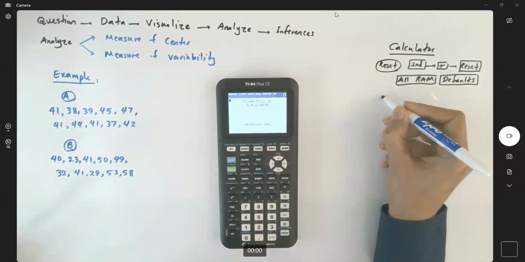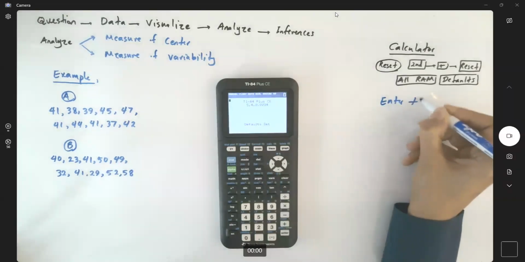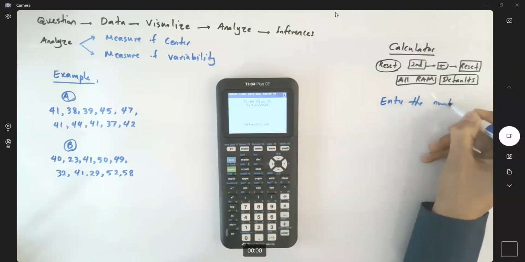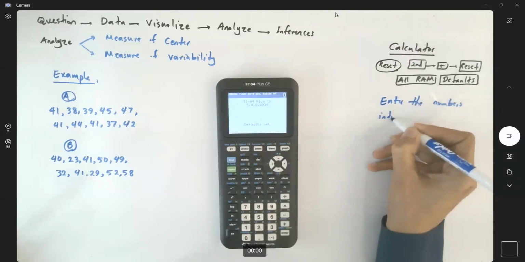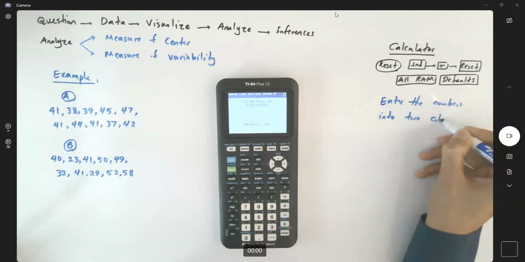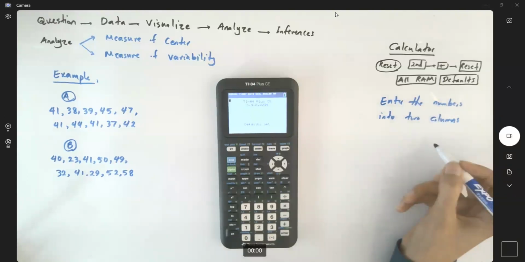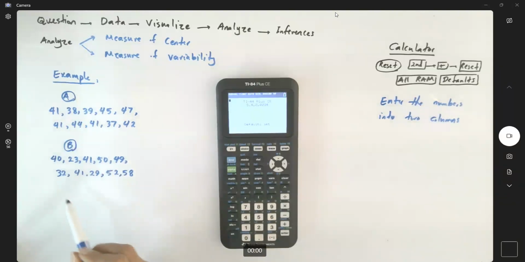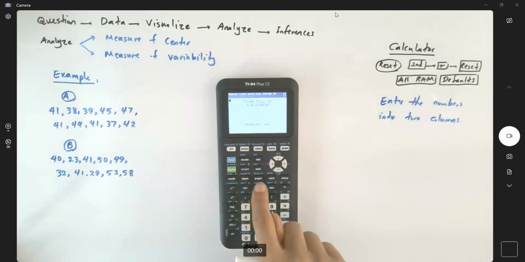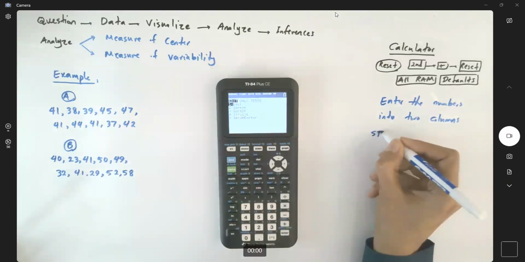Very good. So first you need to enter the numbers into two columns. Why is that? Because I have two sets of data. What I'm going to do, I'm going to click on stat. So stat.